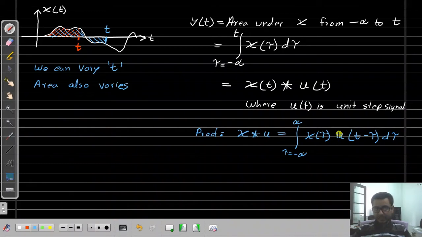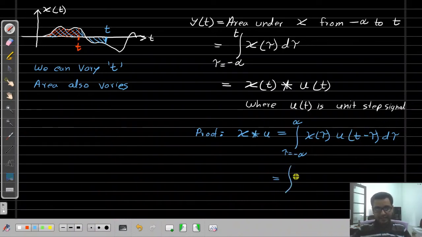However, we know that value of u will be 0 if this argument is negative. That means if tau is greater than t, then this is negative and u will be 0. So I need not carry this integration over the entire range.